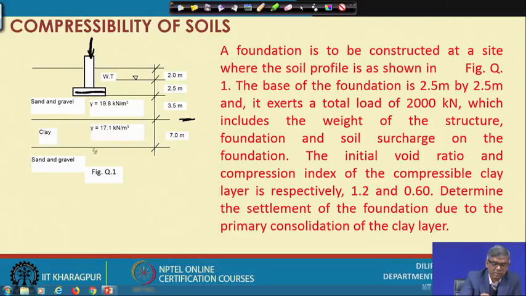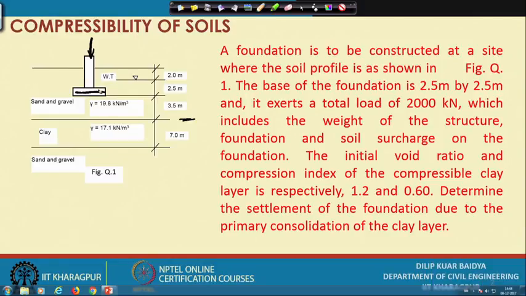The water table location is somewhere here, and the foundation base is somewhere here. Everything is given. Under this condition, for the given conditions, whatever we have learned we have to apply and find out what will be the settlement if I load it.